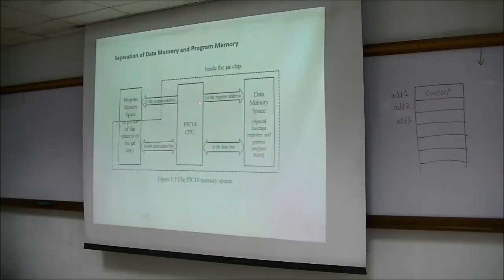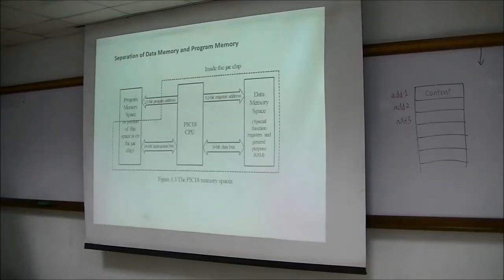So can you visualize this? Here you have your data memory and also your program memory. What is stored in program memory? Your program. What is stored here? Data. And here you have the CPU, right? What's inside the CPU? The control unit, ALU, and also the registers, right?